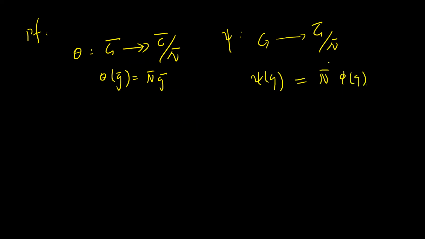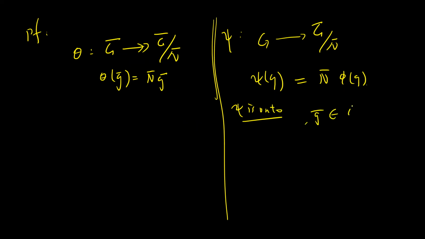So let's focus on this map. First, psi is onto, and the reason is that you take any element of G quotient N bar. You need to prove it's onto, so that means you take any element of this, and you hope to find g.